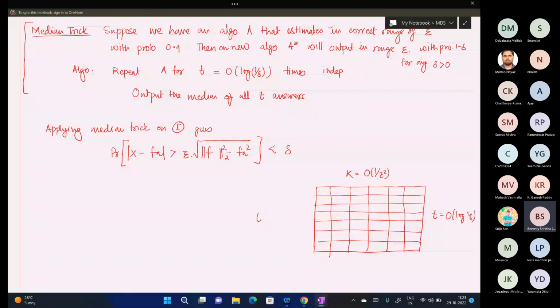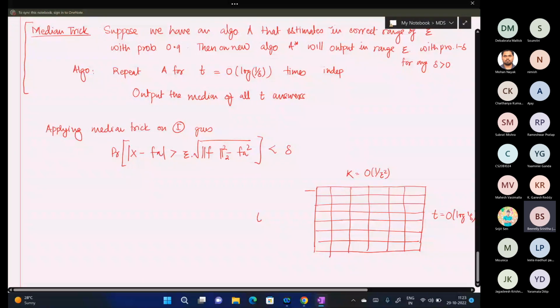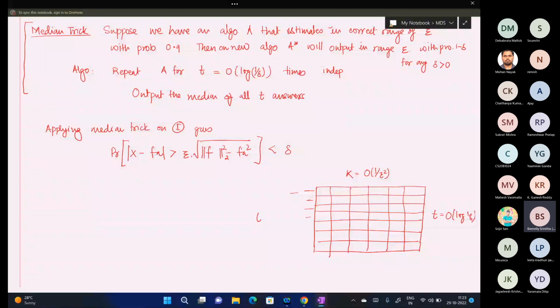This row gives us one estimate, this gives us another estimate, and this row gives us another. All the T estimates we get, we just report their median.